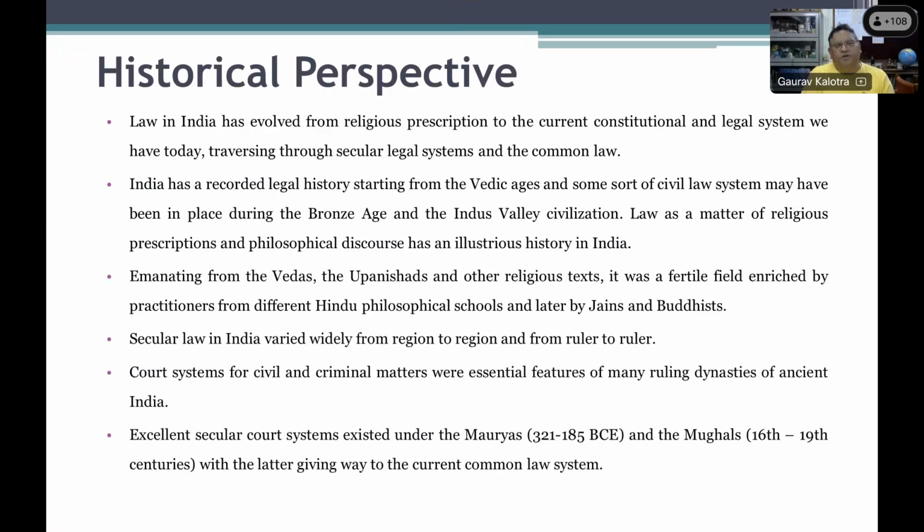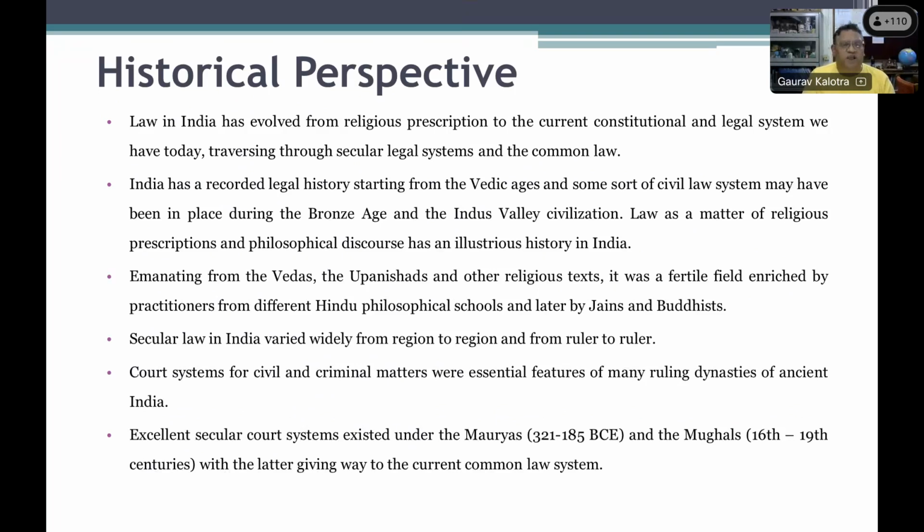Now, if we talk about the historical perspective, law in India has evolved from religious prescription to the current constitutional and legal system we have today, traversing through secular legal systems and the common law. India has a recorded legal history starting from the Vedic ages, and some sort of civil law system may have been in place during the Bronze Age and the Indus Valley civilization.